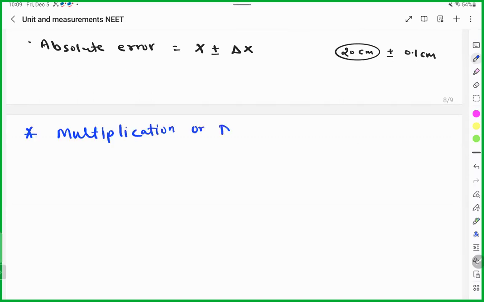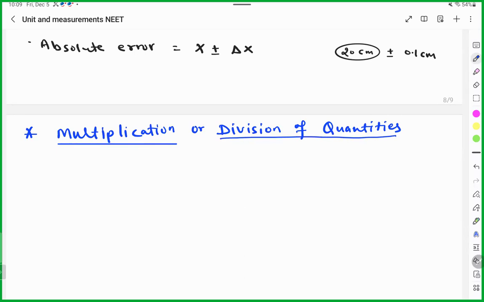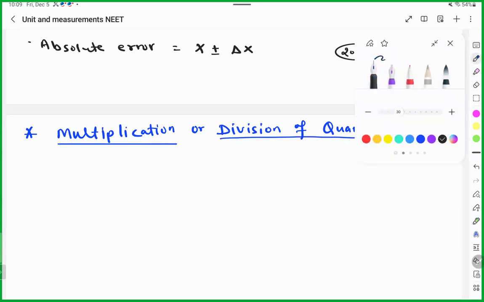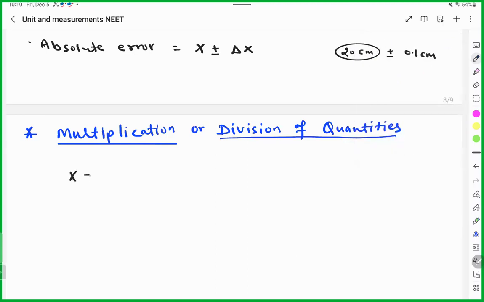Multiplication or division of quantities. When you do this, there are two possibilities: either multiplication, x equals a multiplied by b, or division, x equals a by b.